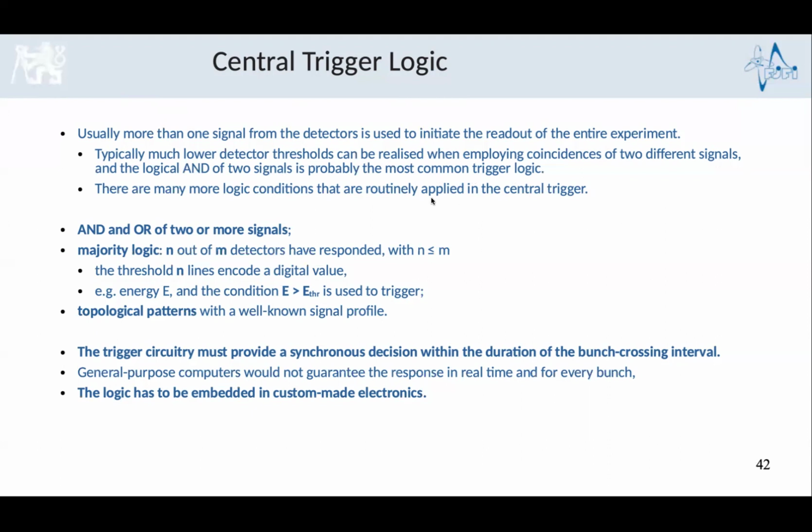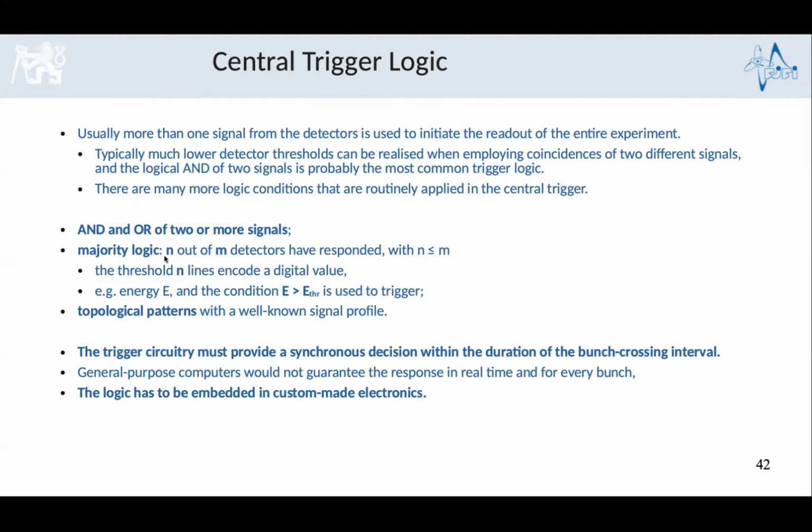But depending on the detector, you can have many other conditions to be applied to take decisions. That can be, as I said as an example before, AND or OR of multiple signals. Another common condition is majority logic.